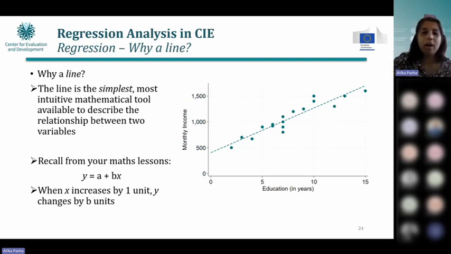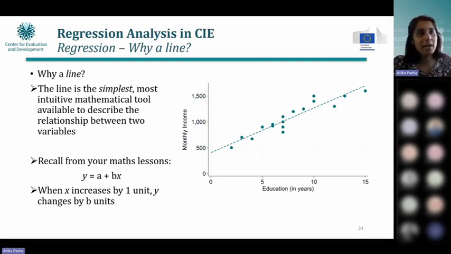If you want to go a nicer way, you want to pick up groceries along the way, then you take a curve and you go through a different route. However, if you're running out of time and need to get there really fast, you would take as straight a line as possible. And that's basically the same intuition that we're trying to apply here to understand as simply as possible the relationship between education and monthly income.